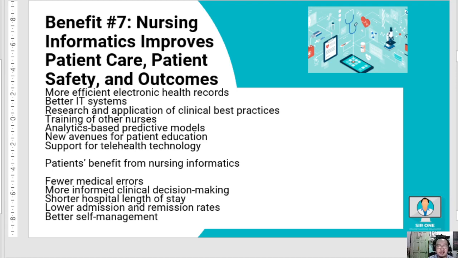And of course, as a patient, because you're already guided by technology or guided by informatics, you can also have better self-management, and you have higher chances of lesser dependence on your health professionals. So those are the benefits of nursing informatics.